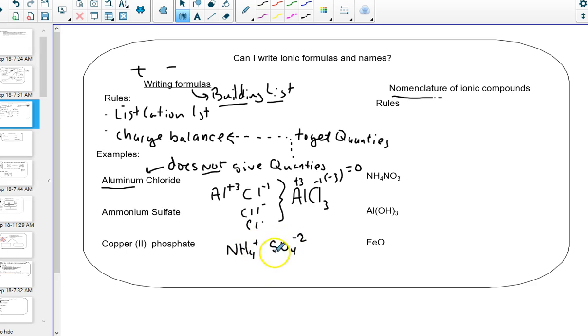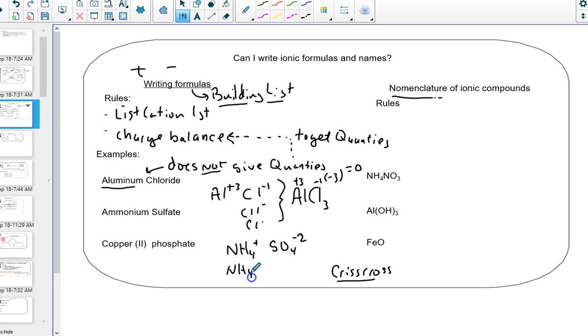So we do have this thing called the crisscross method. It's a method by which you can, if you can't see that you need 2 of these, it should be apparent, but 2 goes here and the 1 goes here. So I need 2 of them. You'll see this crisscross method happen as I'm doing this. So how do I say that I need 2 of these?